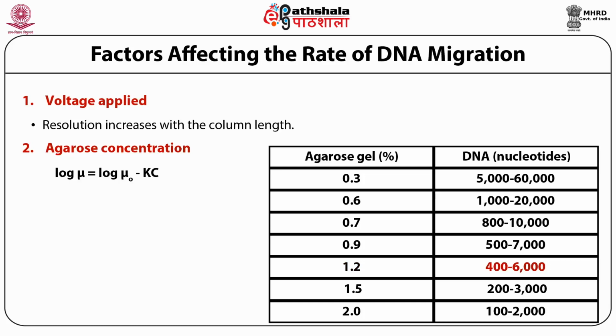If we were to analyze fragments smaller than this, in the range of 100 to 2000 nucleotides, then we would need to use an agarose percentage in the range of 2%. If we were to analyze DNA fragments in the range of 5000 to 60,000 nucleotides, we would then require an agarose concentration of 0.3%. However, at such concentrations, the gel is very fragile and difficult to handle.